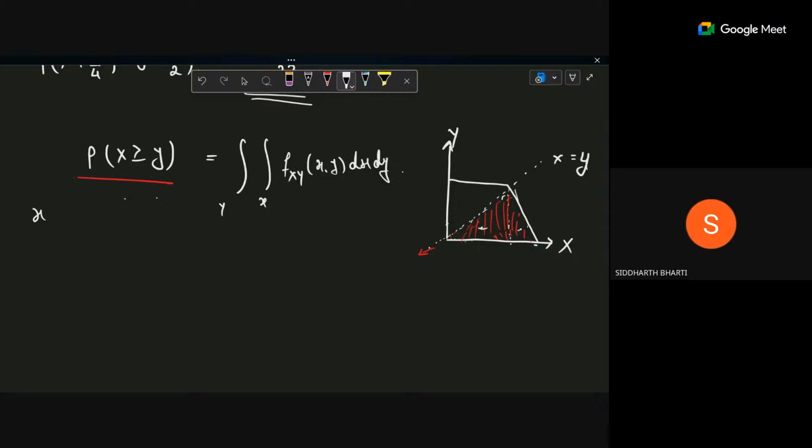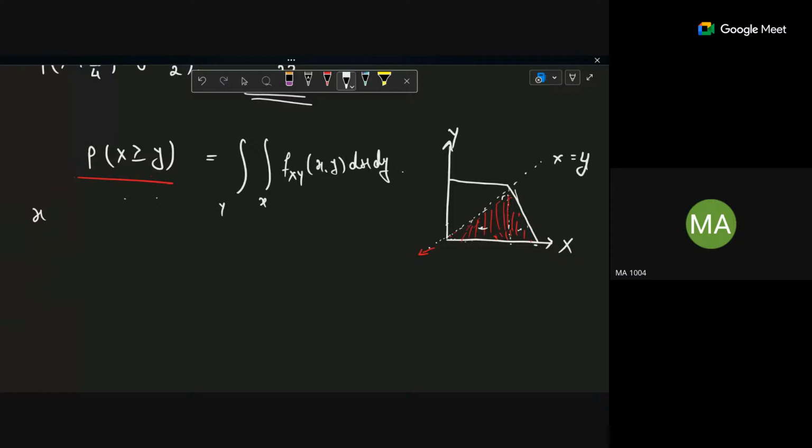But I want the probability where x is greater than y. Can't we have a double integral where x is greater than y, so I should take 0 to x for dy, and then 0 to 1 for dx?